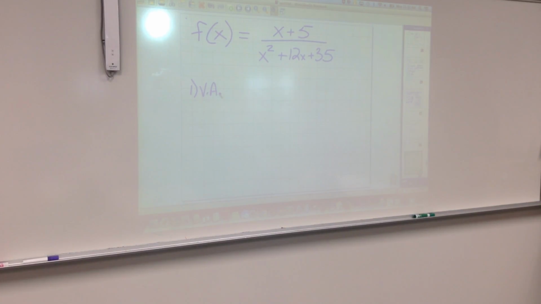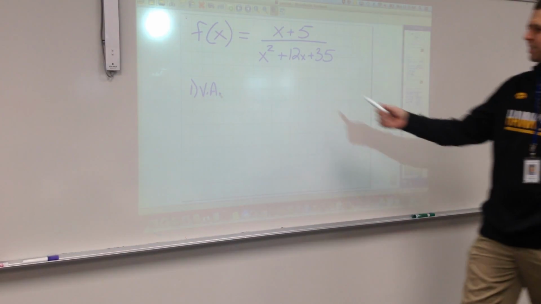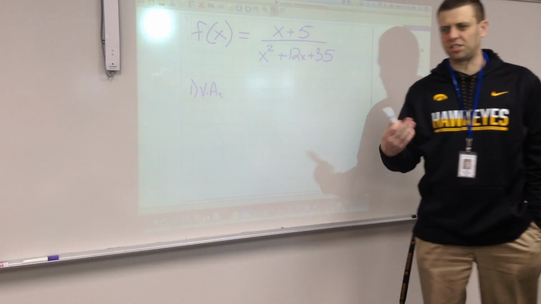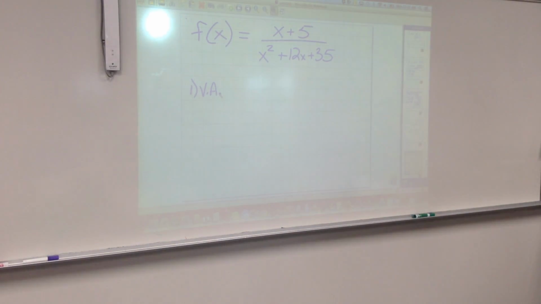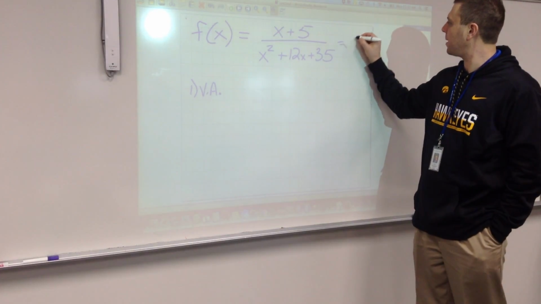Try to factor the bottom, because what are you interested in figuring out? When the bottom equals 0, yeah. Okay. And I don't want to sit here and guess and check plugging in numbers for x to see what makes the bottom equal 0, so I'm going to try and factor the bottom. What would the two factors be on the bottom?